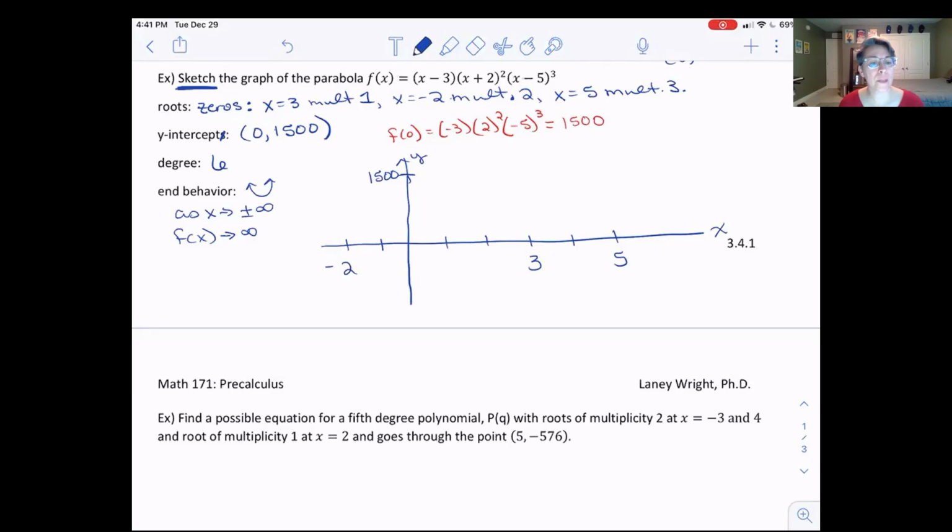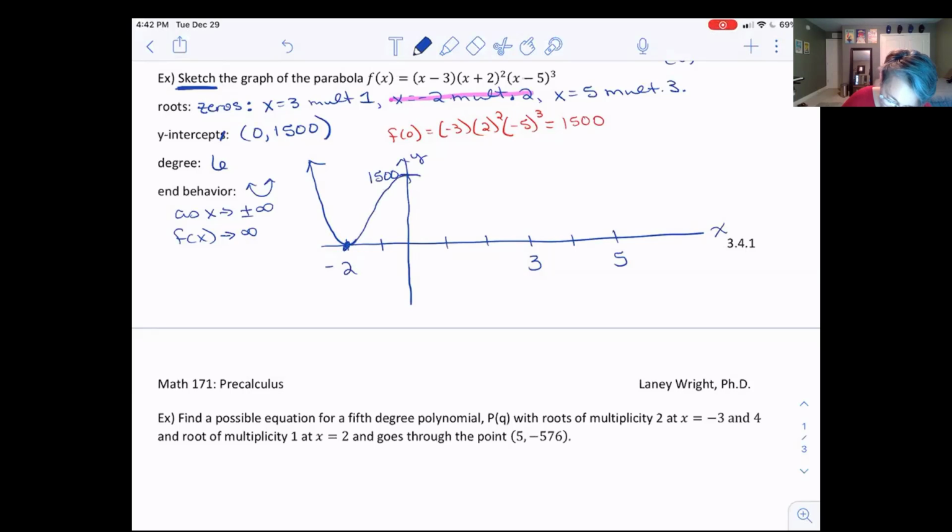So as we're going to this first zero, x equals -2 with a multiplicity of 2. Remember, if the multiplicity is even, it's going to bounce. So we know we start upwards. We're going to bounce off of -2.